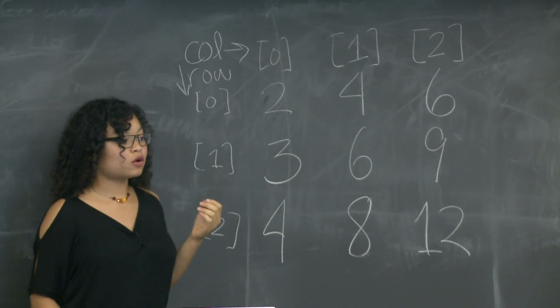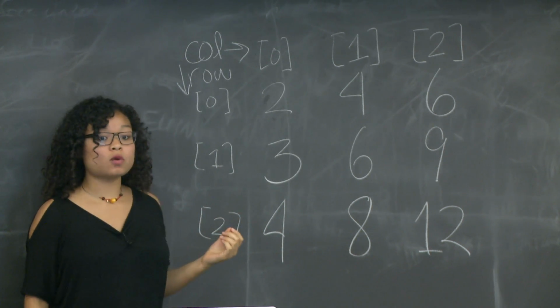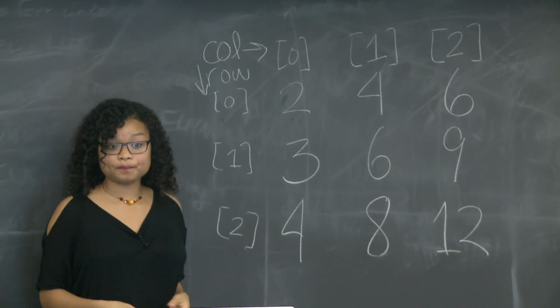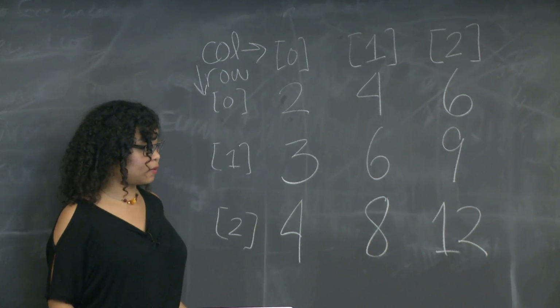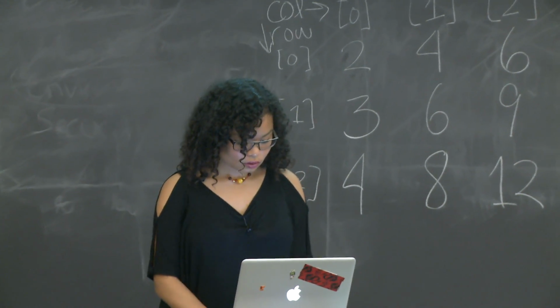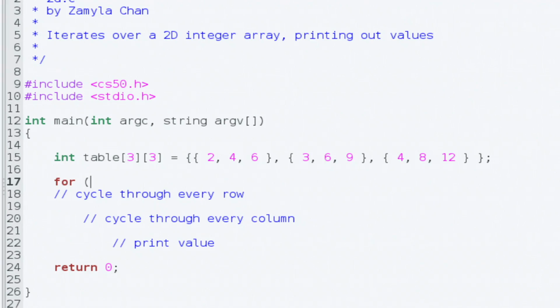So whenever we're at a specific row, we're going to want to iterate over all of the possible column values, right? So let's start with a for loop that starts at 0, goes to the length of how many rows we have.